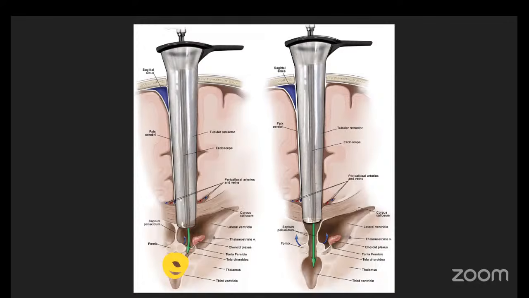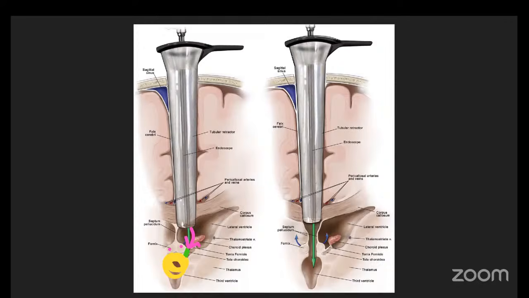I'm going to mark it with green. This is the foramen of Monro, and these are the fornices. We are not going to touch the fornix here. This foramen of Monro is going to be a dilated natural corridor if there is, let's say, a colloid cyst inside. So this is the track which we are going to use.